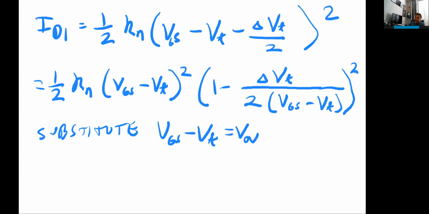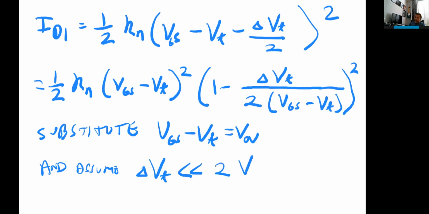And let's also assume, which is not unreasonable, that the variation in threshold voltage is much smaller than 2 times the overdrive voltage, to simplify the expression. It helps to make the overdrive voltage larger, but we know that in other contexts, having a larger overdrive voltage is going to contribute to the offset as well.